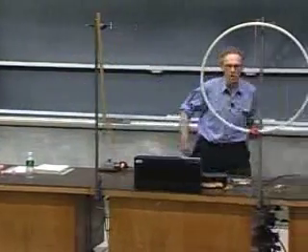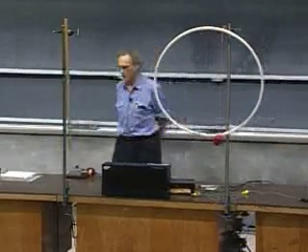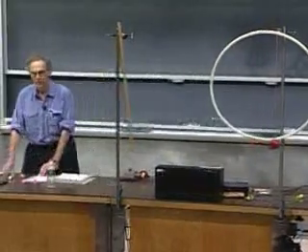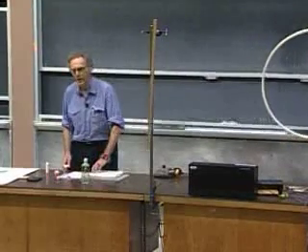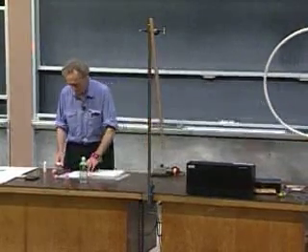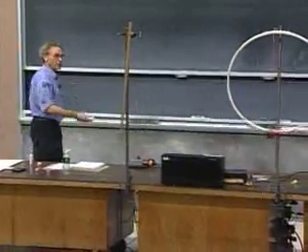Even a system as bizarre as this hula hoop, which oscillates about that pin, can now be calculated very easily with the knowledge that we have, or at least that you will have very shortly if you spend the time and you study this.